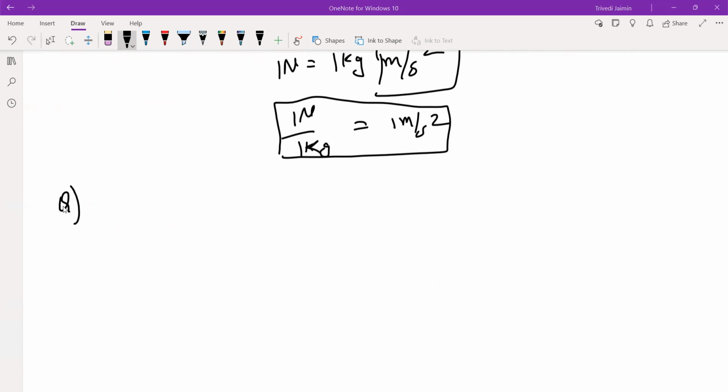Mass of Earth is 6 into 10 to power 24. Mass of Moon is 7.3 into 10 to power 22.